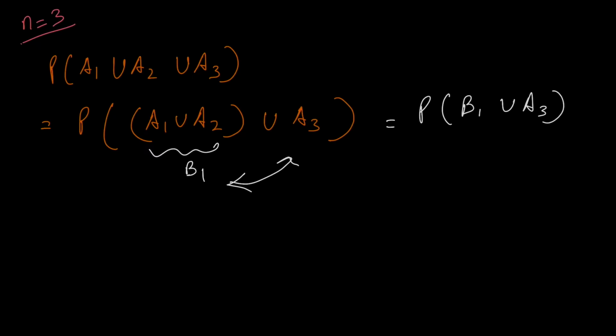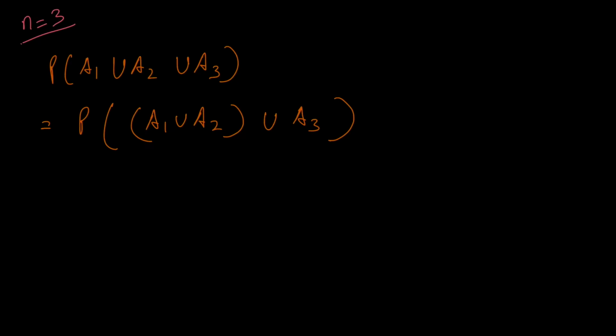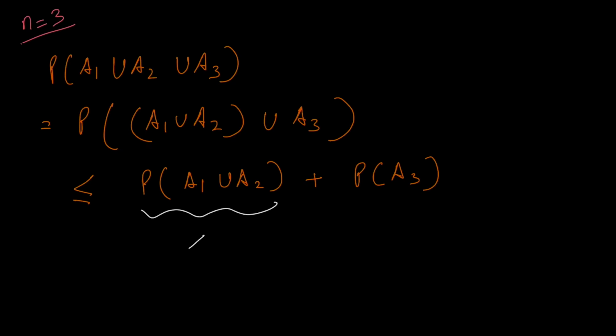And we know for n equal to 2 Boole's inequality holds. So let's just remove this because it overcomplicates things. We know that this is less than or equal to P of A1 union A2 plus P of A3. Now this part can be further written as less than or equal to P of A1 plus P of A2.